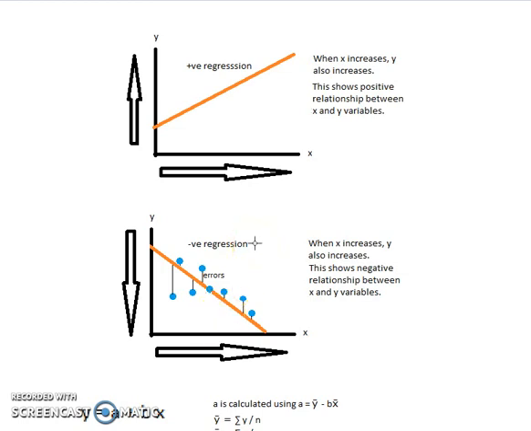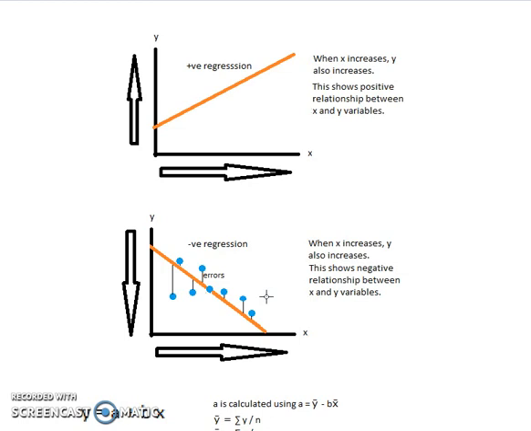In regression analysis, we try to make a function that predicts to what extent one variable would affect the other variable. Here you can see the lines are straight lines. So that shows it's a linear regression model, the linear regression analysis that we are talking about.